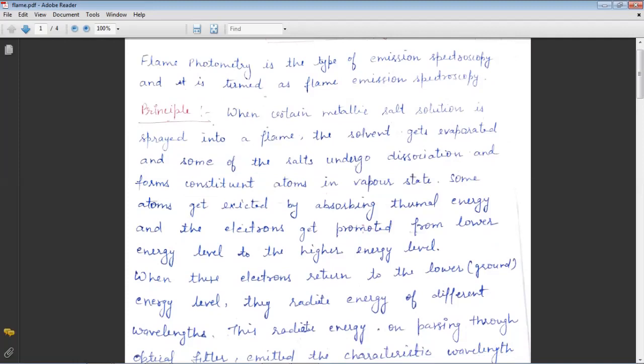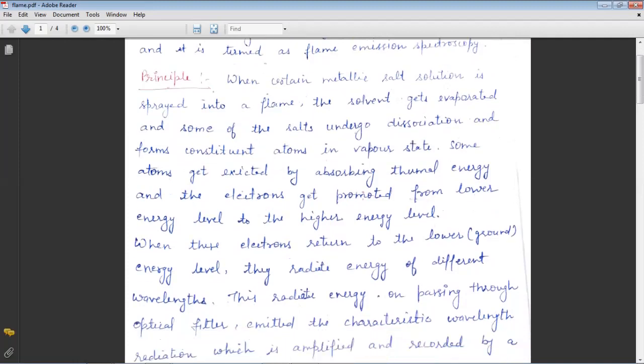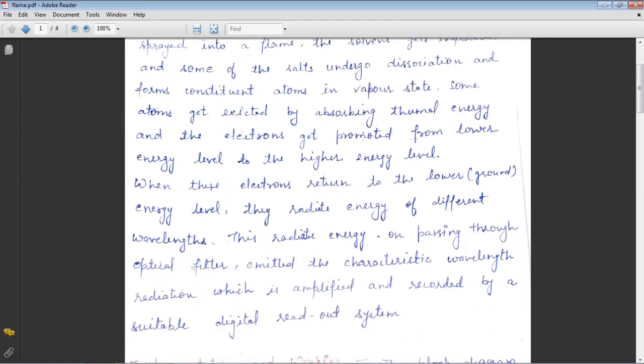Some atoms get excited by absorbing thermal energy, and the electrons get promoted from a lower energy level to a higher energy level. Clear?